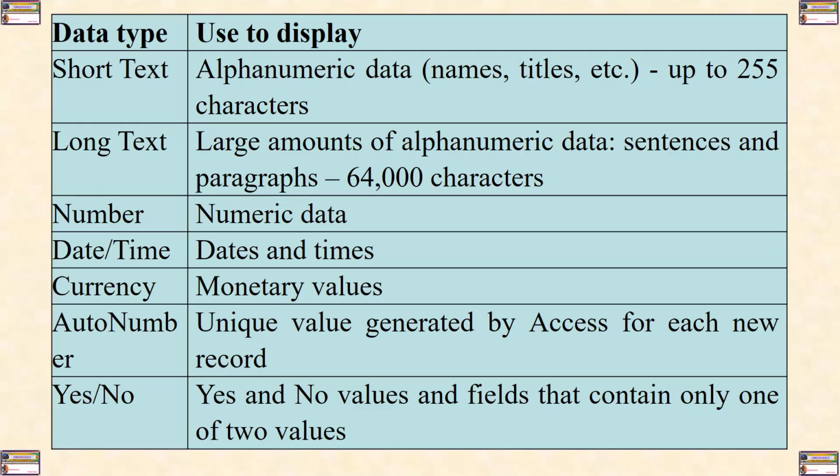This is a data type which is used to hold data of type date or time. And therefore, if you are creating a database and you want to manipulate data that relates to dates and or time, the data type you're supposed to select is date/time.